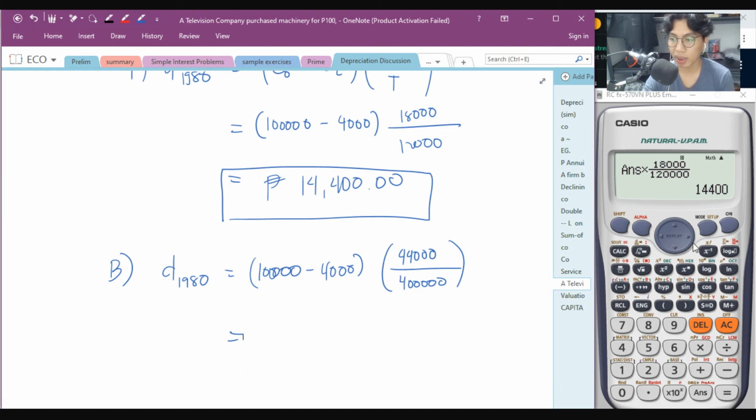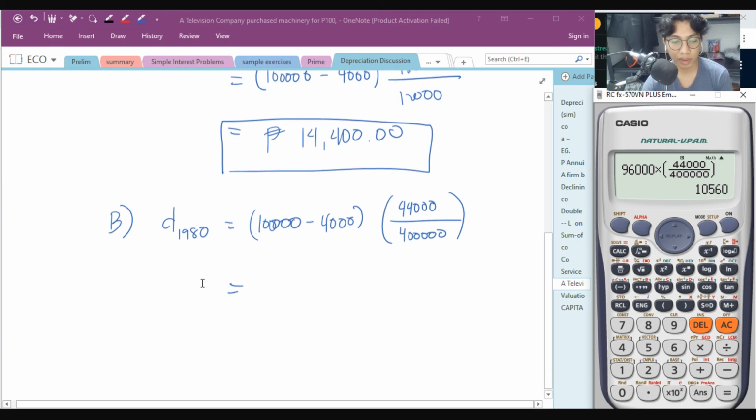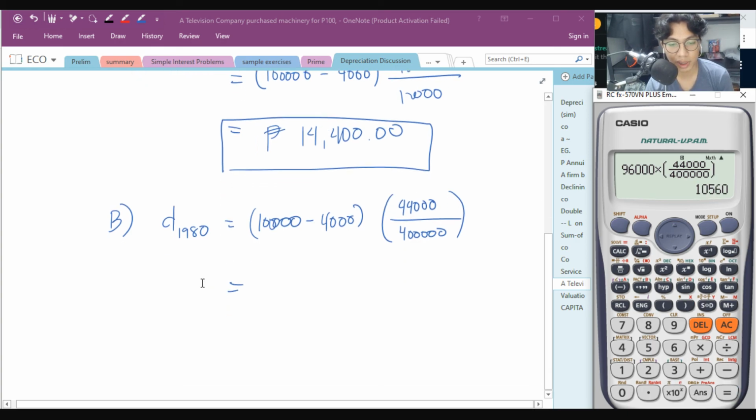Okay? Whole life pala nung machine. So, palitan na lang natin to. 100,000 minus 4,000, 96,000 times 44,000 divided by 400,000. What will be the depreciation based on the service output method? So, that is 10,560 PHP.